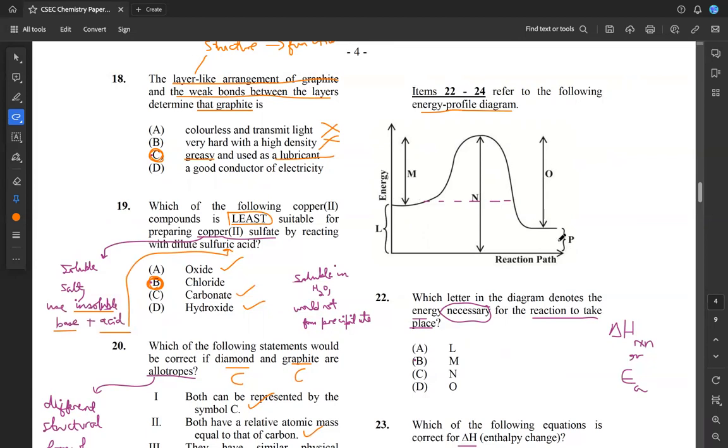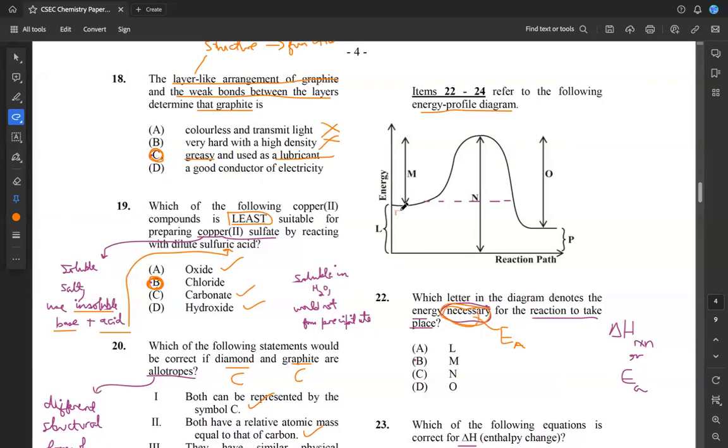So let's just orient ourselves as to what an energy profile diagram is and what it's showing us. They're asking which letter in the diagram denotes the energy necessary for the reaction to take place. What's absolutely necessary for a reaction to take place is the activation energy, right? We need at least that activation energy to overcome this barrier.